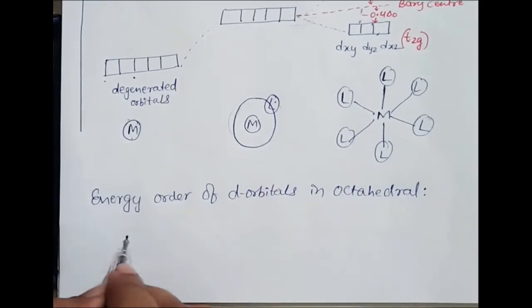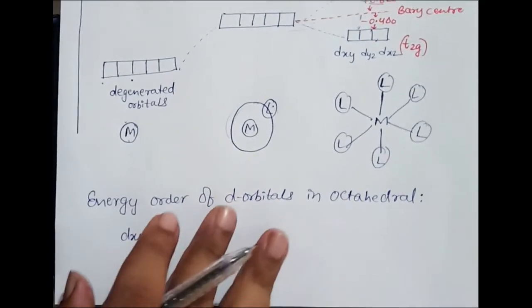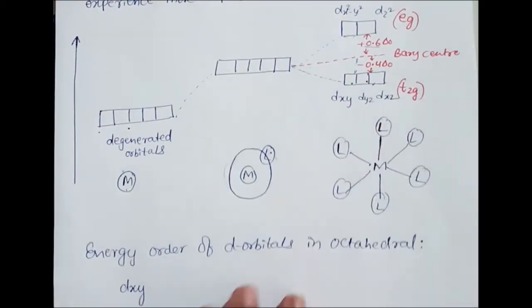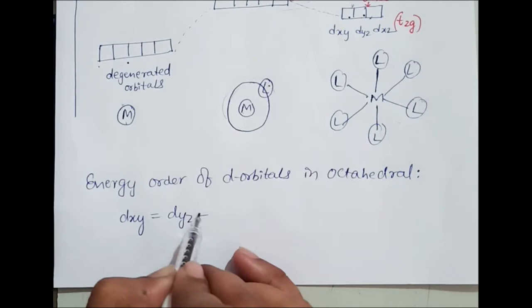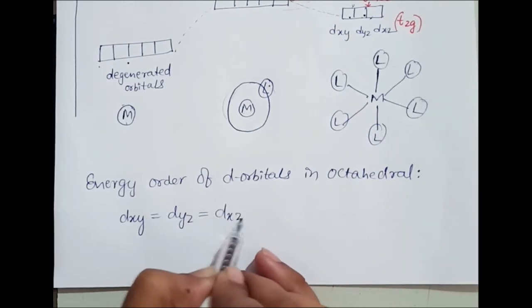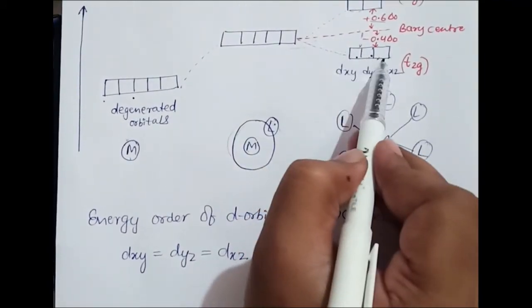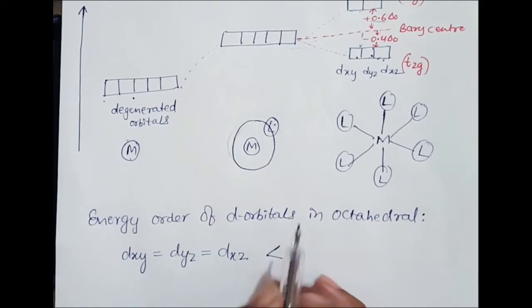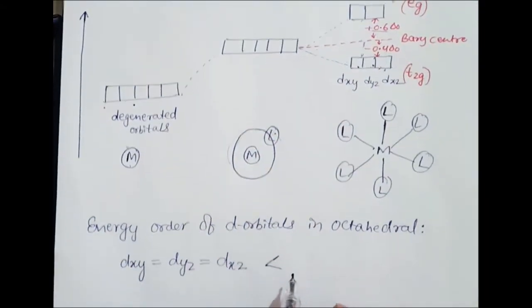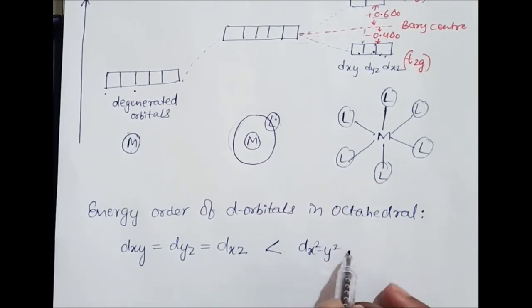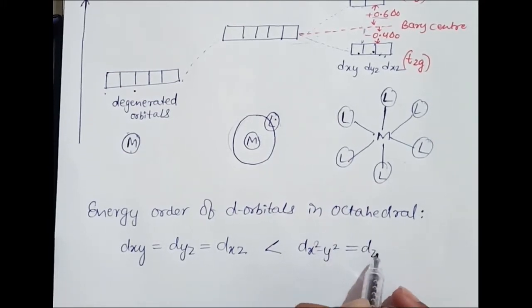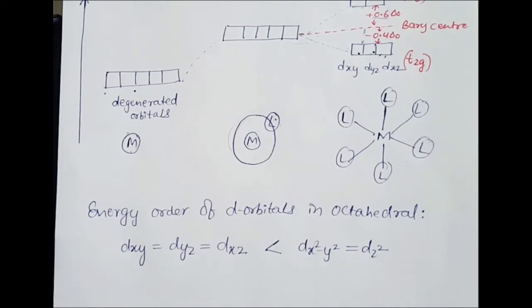It is dxy equal to dyz, both have the same energy, which is equal to dzx. But these all three will have less energy than which one? dx square minus y square equal to dz square. This is the MCQ question regarding the energy order of splitting orbitals.